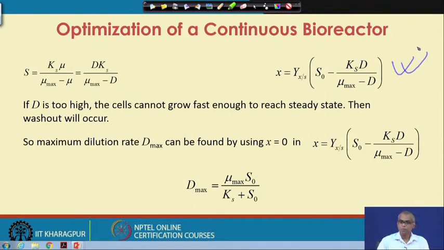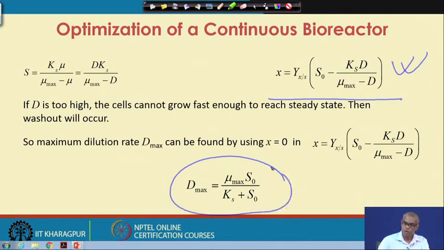So, I can put x equal to 0 and solve for the D to get the maximum dilution rate at which the washout will occur. So, the maximum dilution rate D max we obtain as mu max S0 divided by Ks plus S0. So, your dilution rate must be lower than this. If the dilution rate is more than this, you will get washout condition.